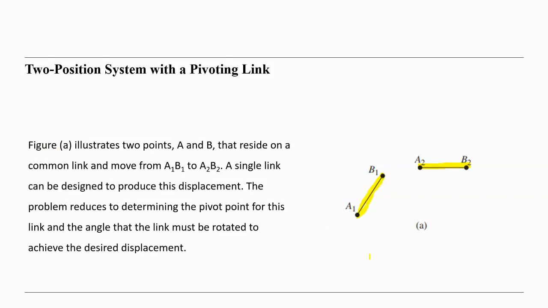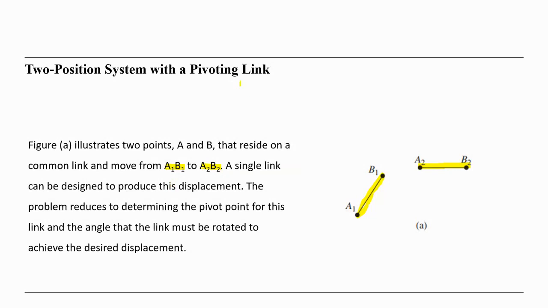In this figure, it illustrates two points A and B that reside on a common link and move from A1 B1 to A2 B2. A single link can be designed to produce this displacement. Could a single link do that?